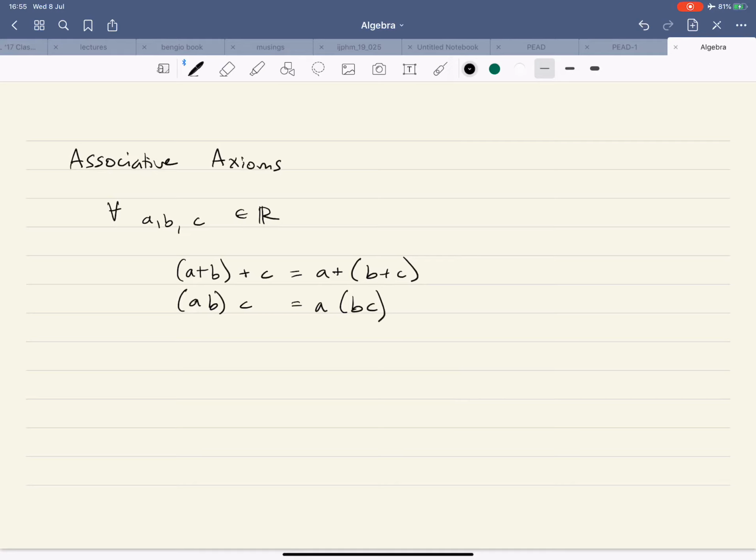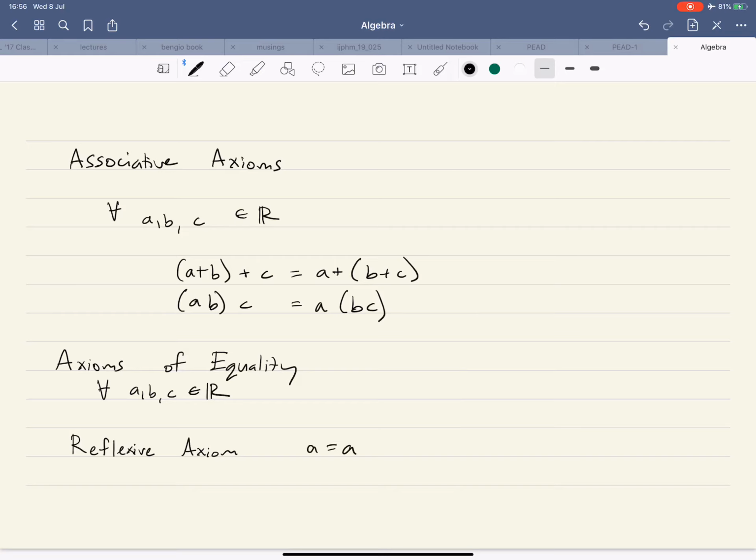Okay. The last set of axioms that we're going to talk about are the axioms of equality. So again, this is for all real a, b, and c. We have the reflexive axiom, which is saying that a equals a.